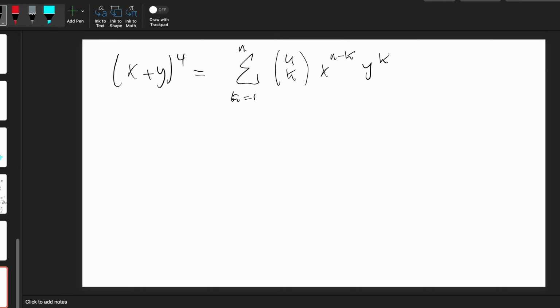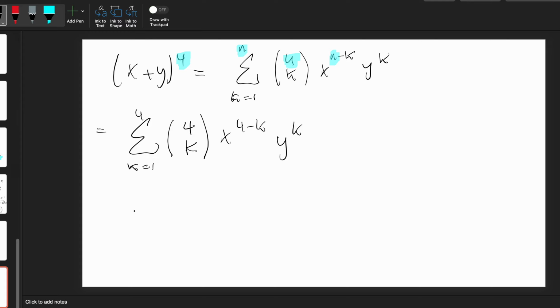In this case my n is 4. So this is equal to the sum from k equals 1 to 4 of 4 choose k, x to the 4 minus k, y to the k, right?